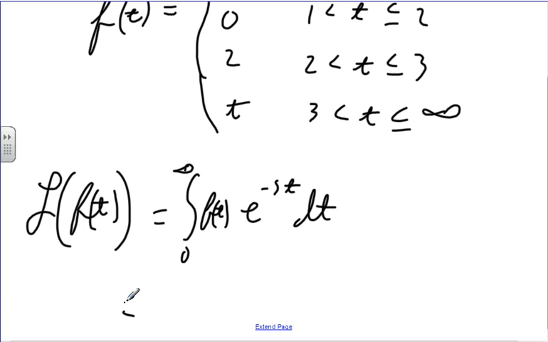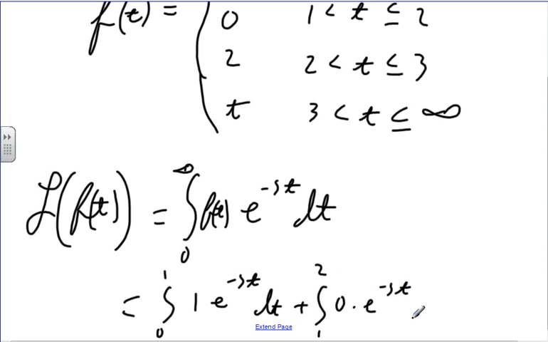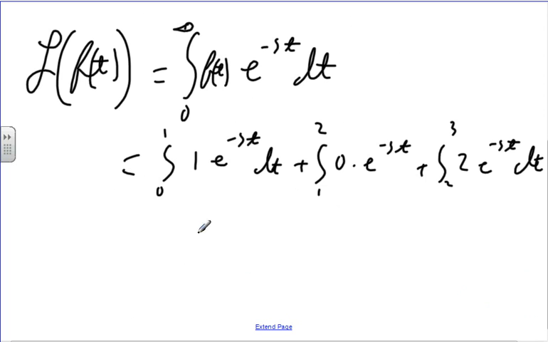So we go integral 0 to 1 of 1 times e to the minus st dt, plus integral from 1 to 2 of 0 times e to the minus st dt, plus integral 2 to 3 of 2 e to the minus st dt, plus integral 3 to infinity of t e to the minus st dt. Oh, it looks like I got another integration by parts to do. Bummer.